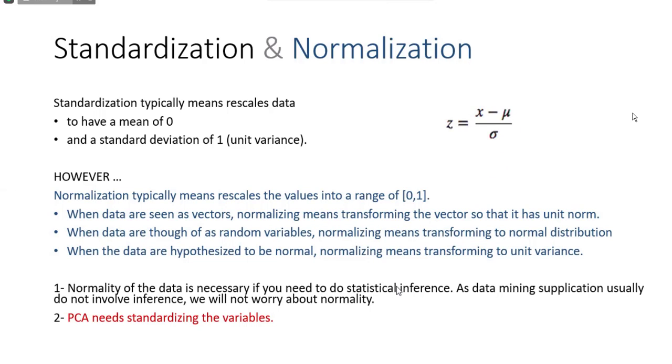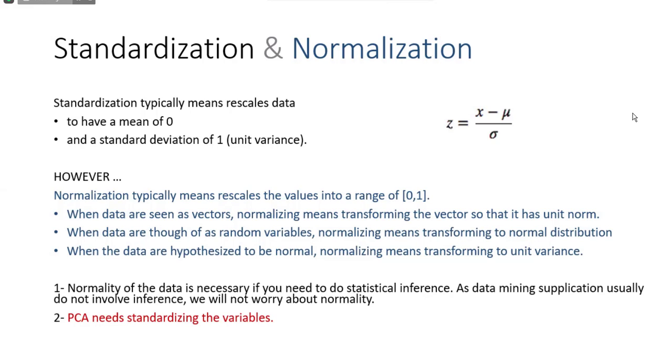And what is the use of this? The normality of the data is necessary if you need to do statistical inference based on PCA. So if you are going to use PCA and you want to make some statistical inference, it's important to have the normality assumption.